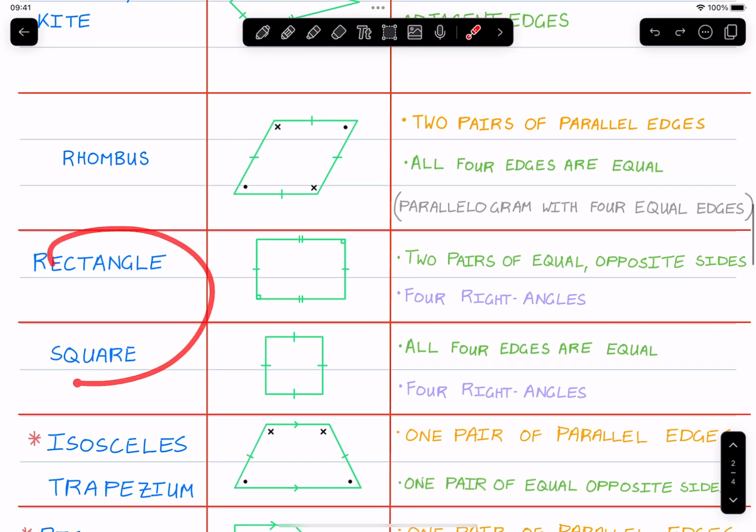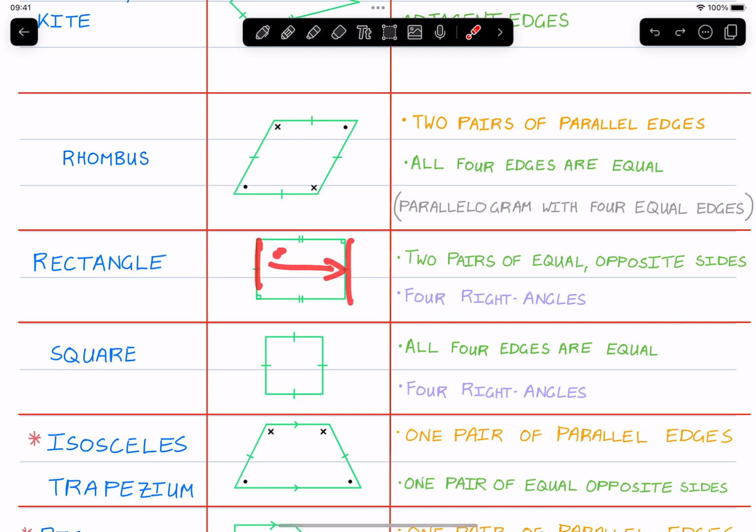These two, I'm sure you've heard of already. They are a rectangle and a square. So a rectangle has two pairs of equal opposite sides. So here's one pair of equal sides. So those two are equal. That's one pair. And here's another pair. So these two are equal.